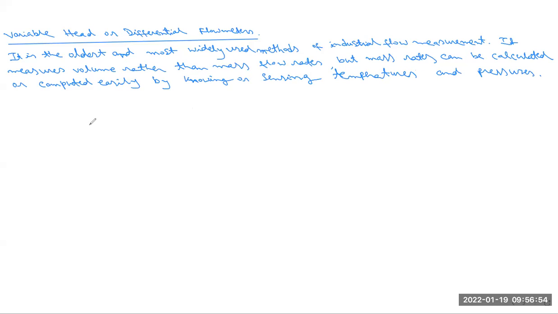So this is basically the introduction of the variable head or differential flow meters. It is the oldest and most widely used method of industrial flow measurement. This measures volume rather than the mass of the different flow rates, but mass rates can be computed easily by knowing or sensing different temperatures or pressures.